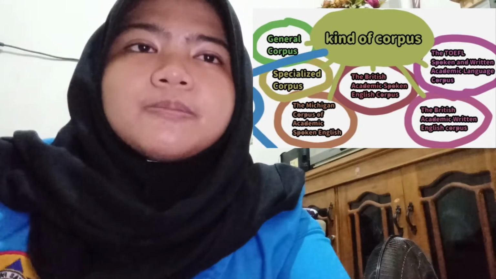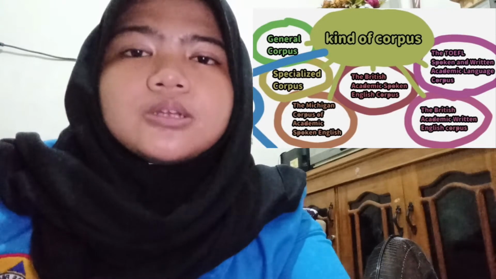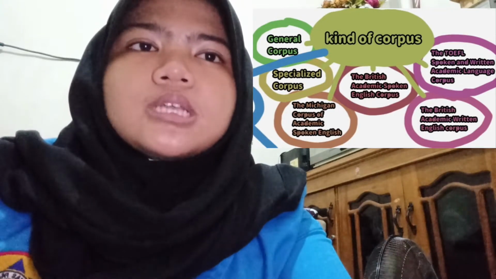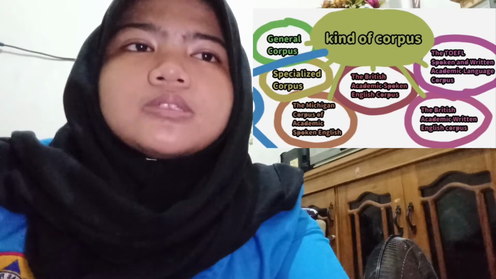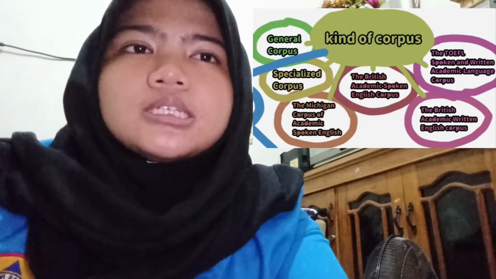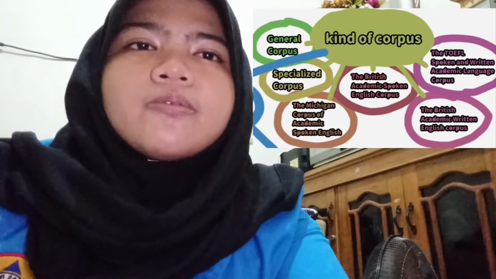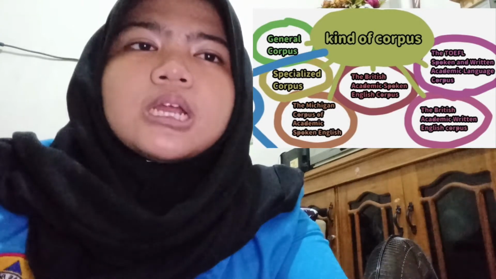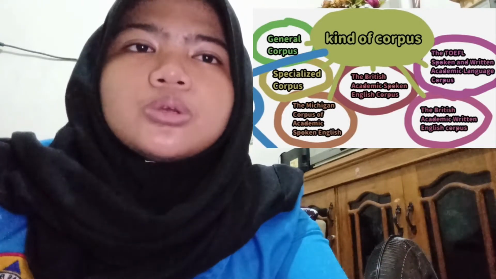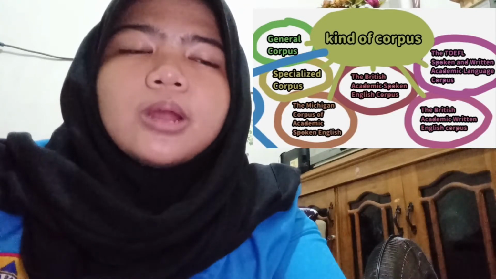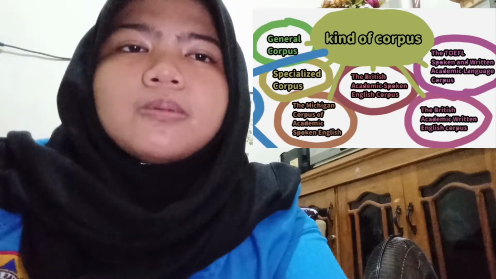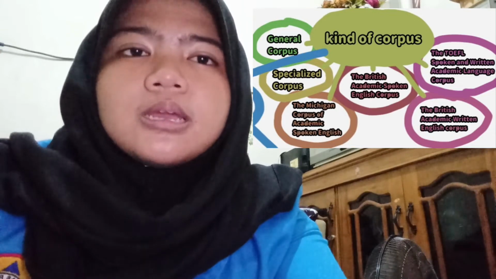Fifth, the British Academic Written English Corpus. This corpus examines student written assignments at different levels of study and in a range of disciplines, with the goal of providing a database for use by researchers and teachers to enable them to identify and describe academic writing requirements in the British university setting.